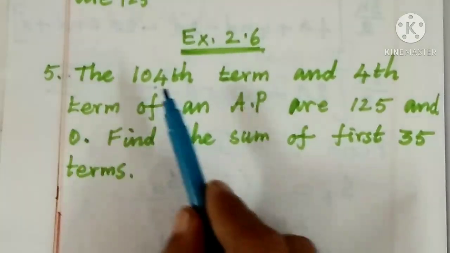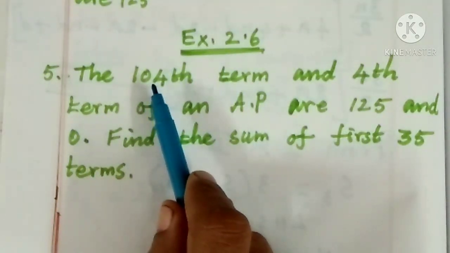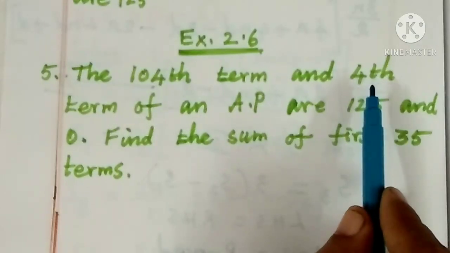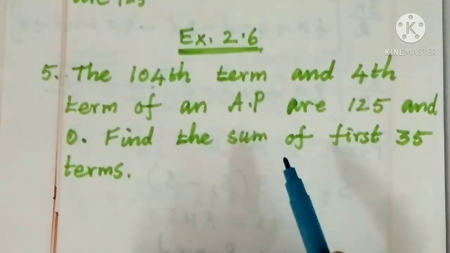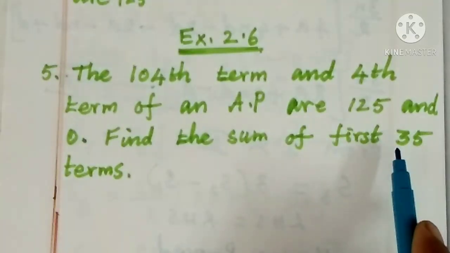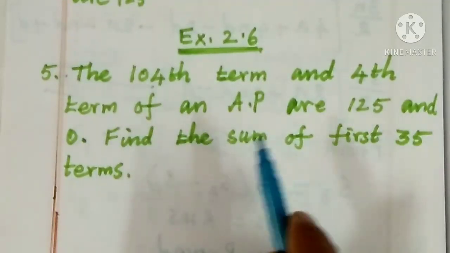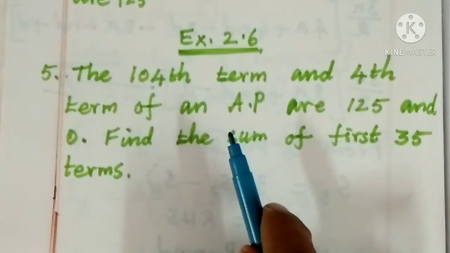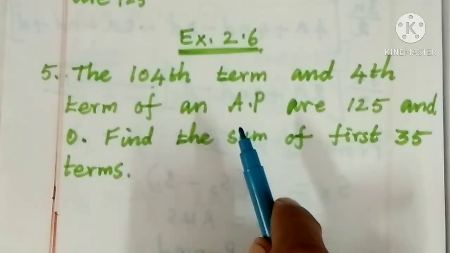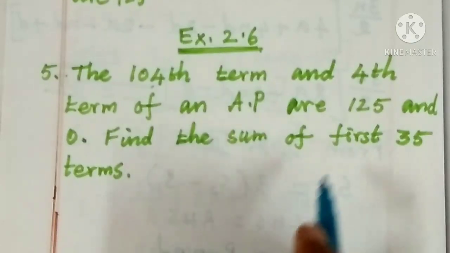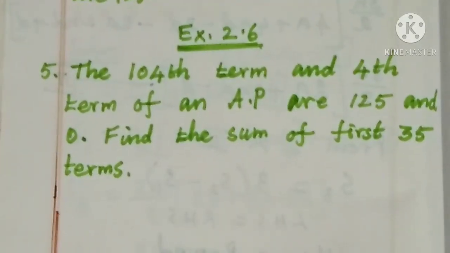In this question, T104 and T4 values are given. Here we have to find the value of S35. Then first you have to find the A value and D value, that is first term and common difference. Let us do the solution.